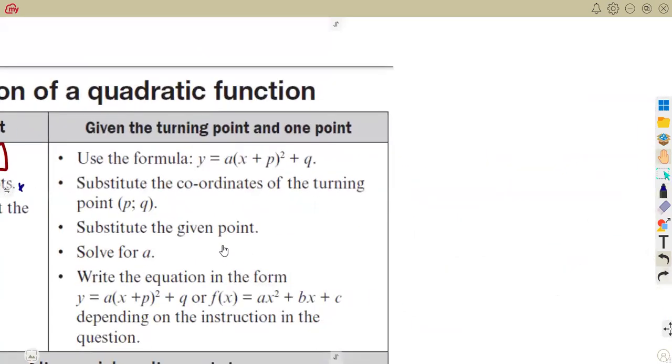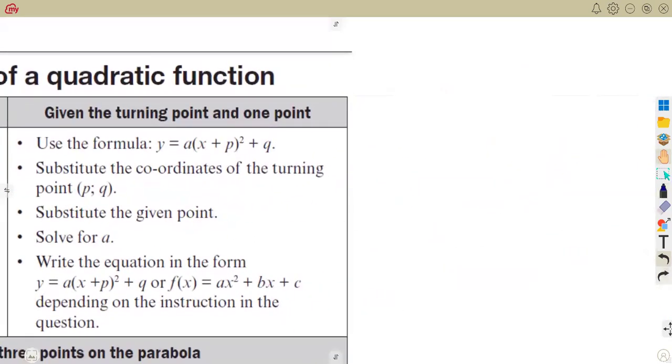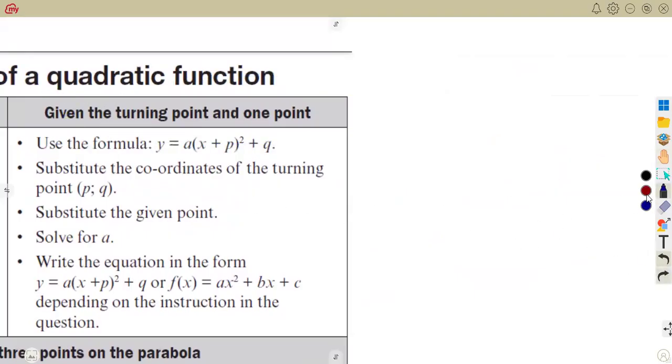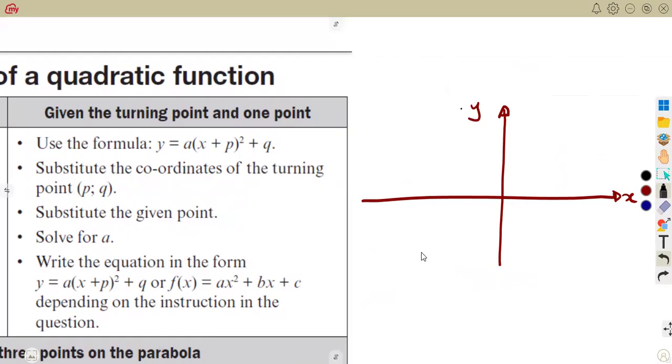Another part is you might be given the turning point and 1 point. This time, it's a special condition on its own. You have got a given function, any way that you can have your function, and on this function we have the turning point.